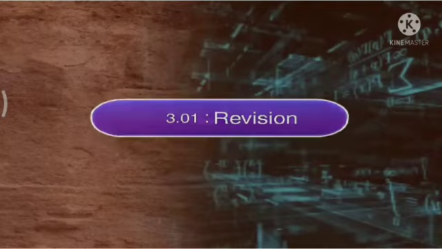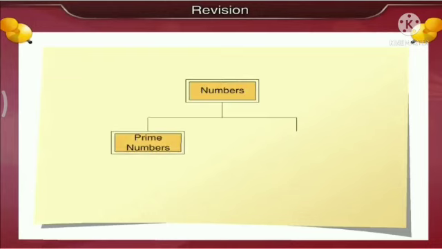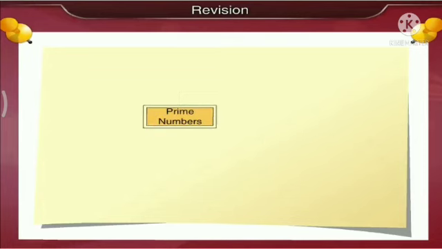In the previous class, you have studied numbers, prime numbers and composite numbers. Now let's see what is a prime number and a composite number. First we will see prime numbers.